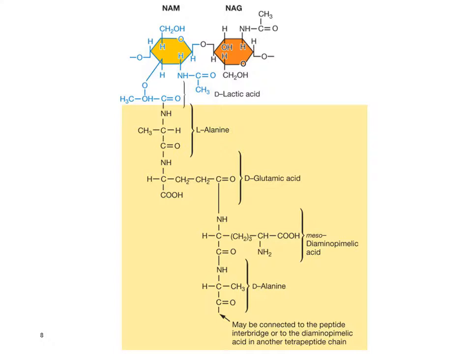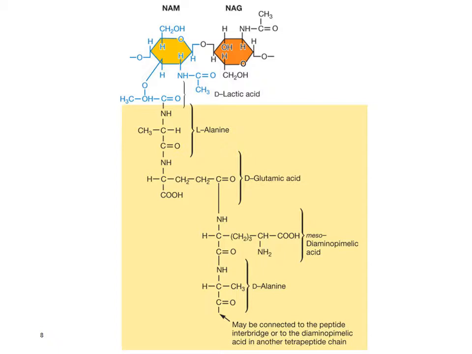And these are the two sugar derivatives that look very, very similar to glucose. The sugar group to the left, NAM, is then attached to a chain of 4 amino acids, a peptide chain of 4 amino acids, and they're actually connected to the carboxyl group of the NAM residue.